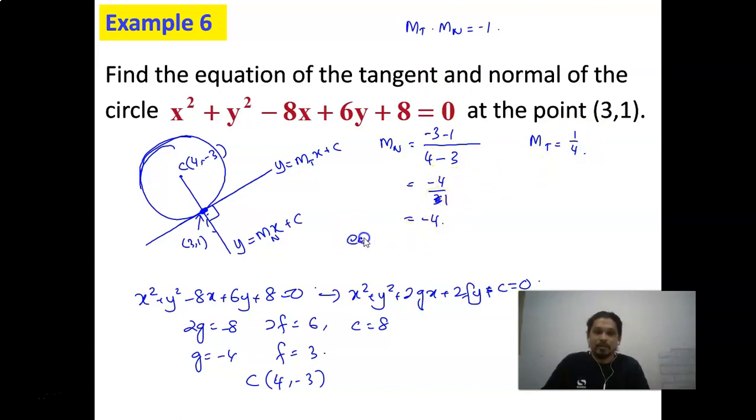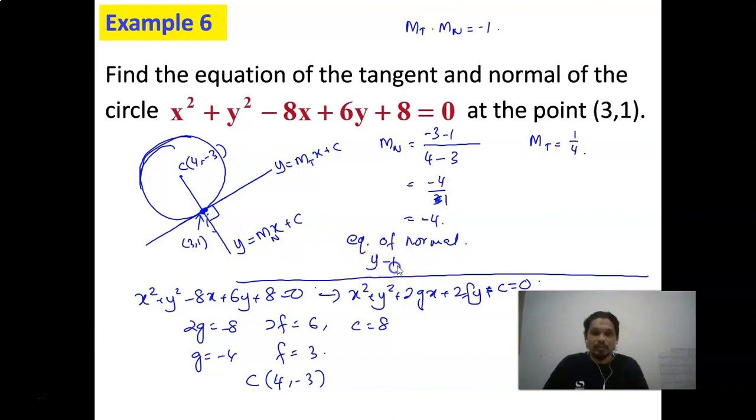Okay, so the equation of normal. We call the coordinate 3 and 1 here, because this is a line passing through the point (3, 1): y minus 1 equal to negative 4 times (x minus 3).